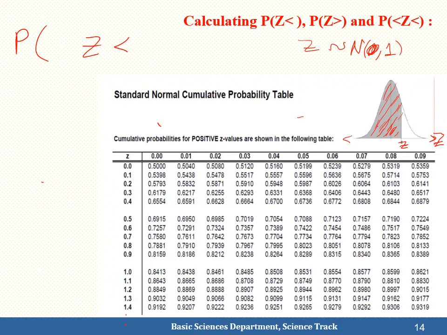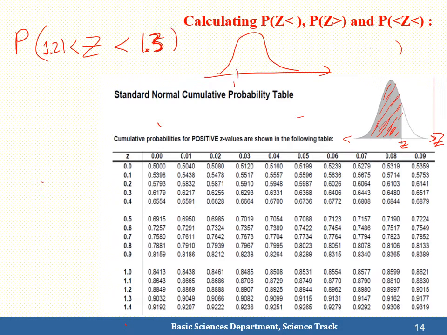So let's say this is 1.5, and let's not say that, let's say 1.3. Okay, and it's 1.21. What's the probability that z is bigger than 1.21 and less than 1.3? In this case, it's better you visualize it. Which area does it want? 1.21 is here, somewhere on the left of 1.3.